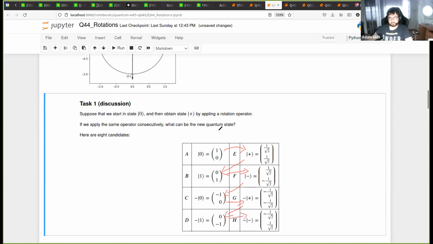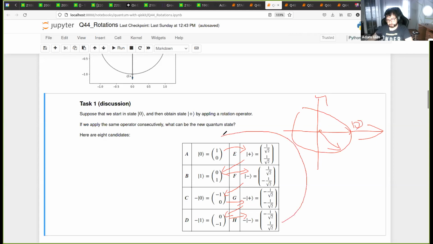And then minus minus, which is like this, will give you back the 0 state. So you could say that rotation with the pi/4 angle, in the sense of this circle, at some point will give you the original state.